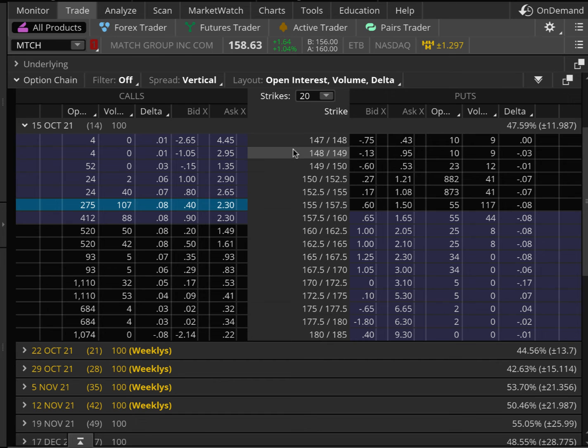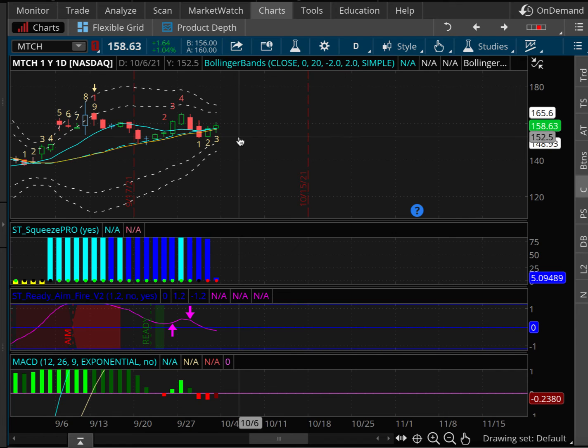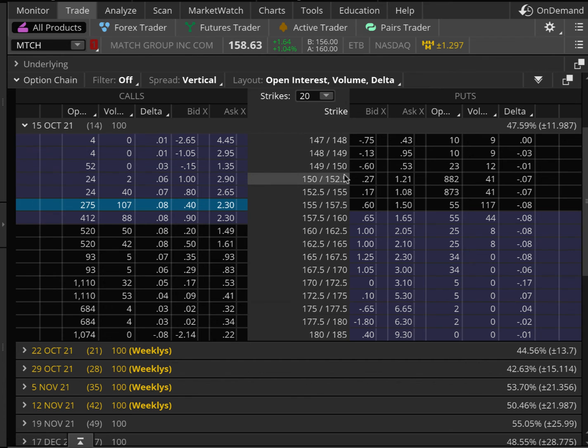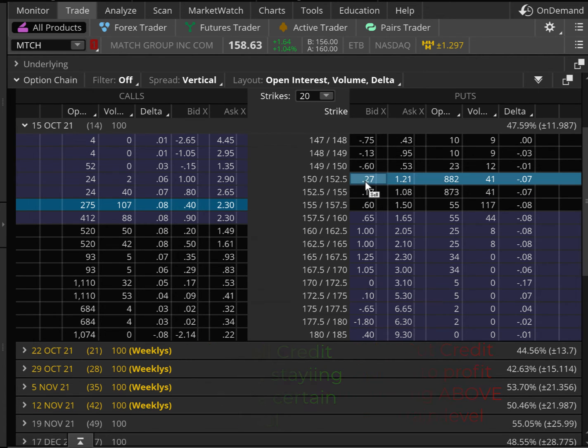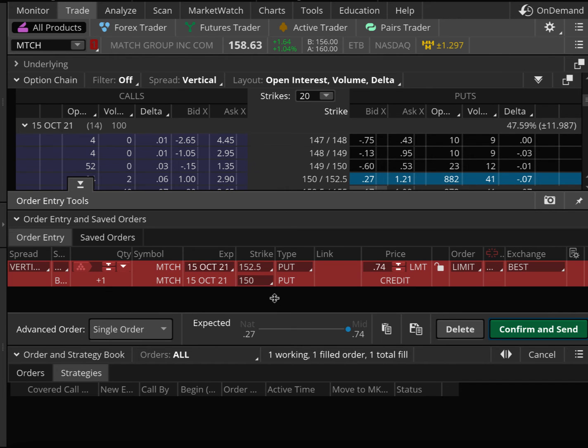So when you look at the option chain, let's look back at the chart. The support level is somewhere right here at 152 or below. So if you look at selling a put here, 152, we could sell here or here. It would be safer to go further out, so we can sell this one. And if you were to sell this put credit spread, your maximum profit is what you sold it for, which is going to be $74.